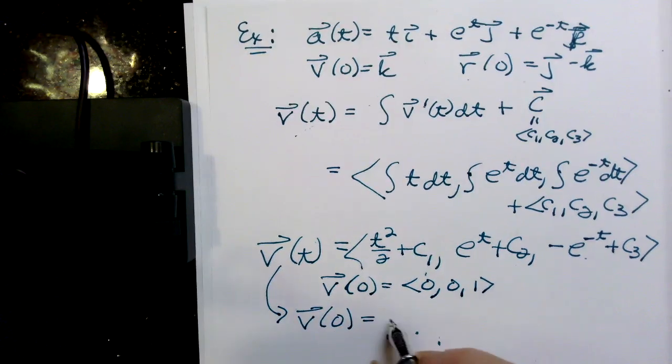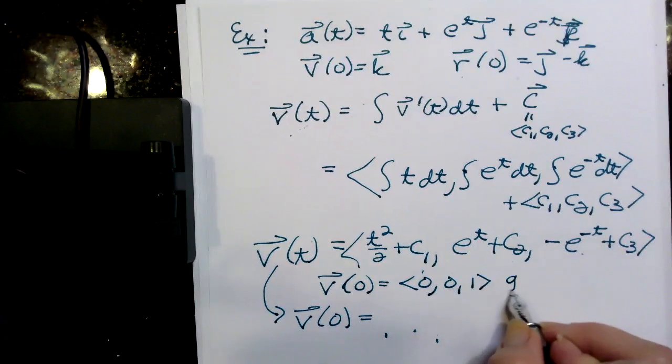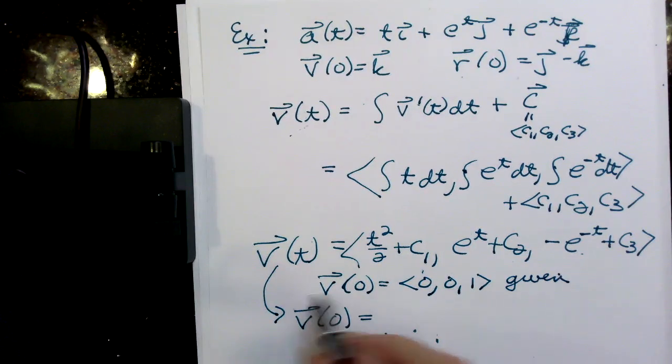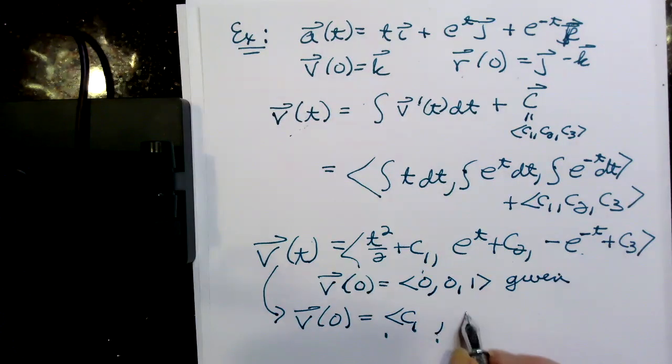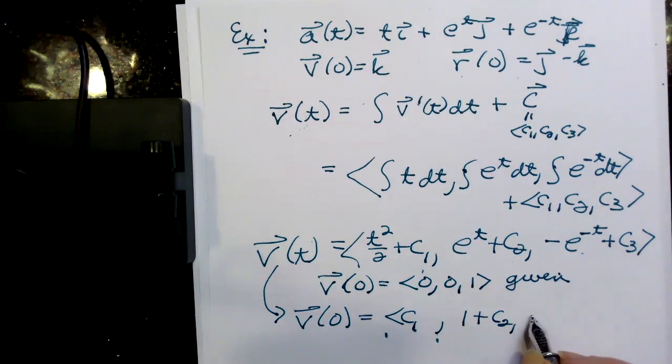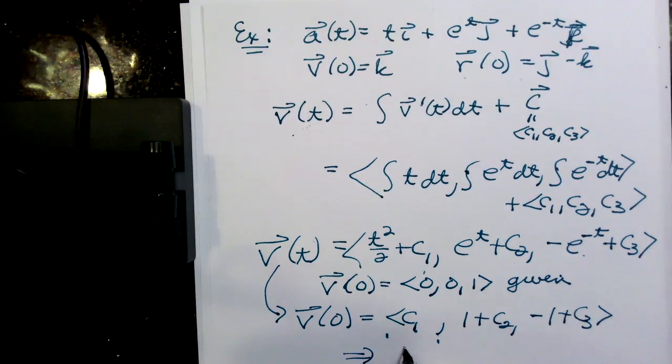From this one, v of 0, so this one's given. And when we work it out here, we get c1, 1 plus c2, minus 1 plus c3. Okay, so that tells me that c1 is 0.